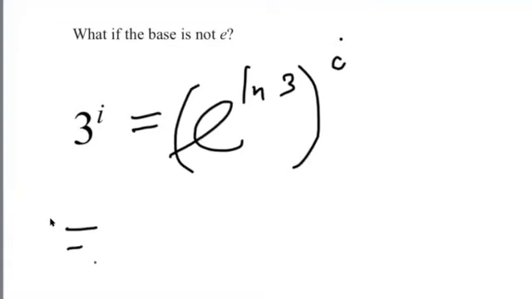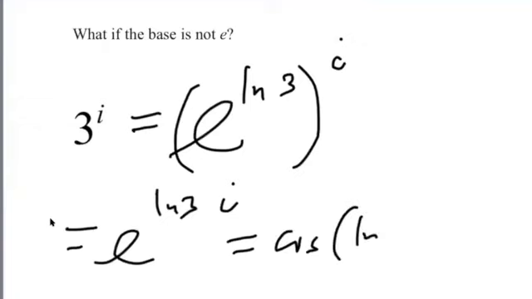So this becomes e to the ln3 i, which becomes cosine of ln3, that's ln3 radians, which is a little bigger than 1, plus i sine ln3. So that 63 degrees was apparently ln3 radians.